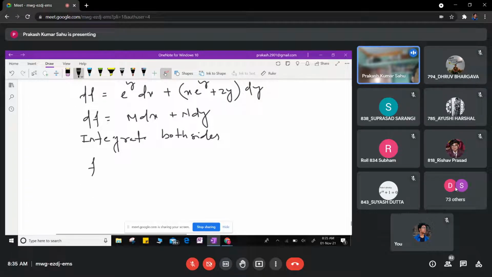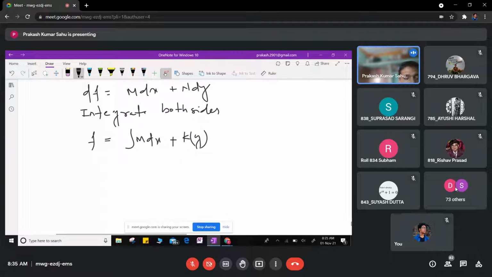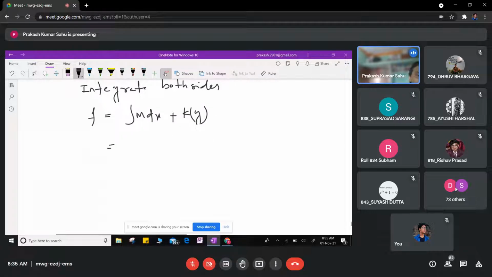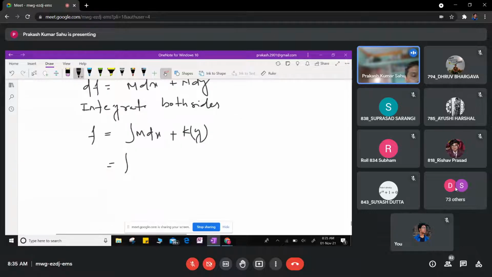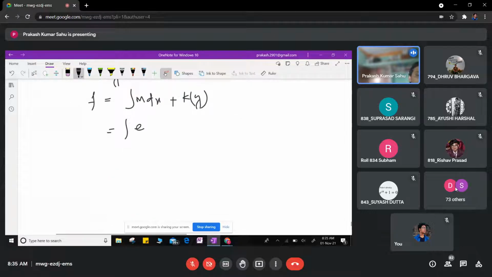So here f is equal to the integration of M dx plus k of y, as per the process. We are integrating the right hand side with respect to x, so the second term will be only a function of y. So f is equal to the integration of M dx plus k of y. What is the value of M? M is e to the power y, so this is the integration of e to the power y dx plus k of y.